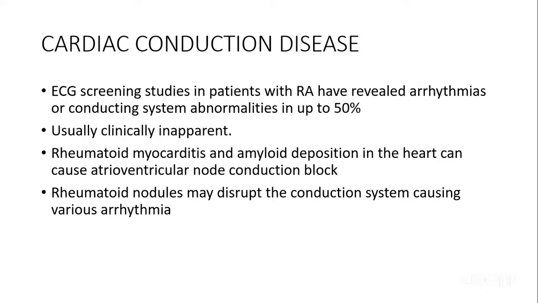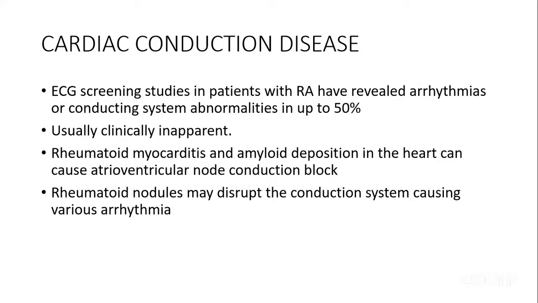Then another thing, the accelerated and premature atherosclerosis that leads to coronary artery disease can also be the underlying cause of arrhythmia in this group of patients. So all these things are things that you can see in them, and it is for us to be on the lookout for this.